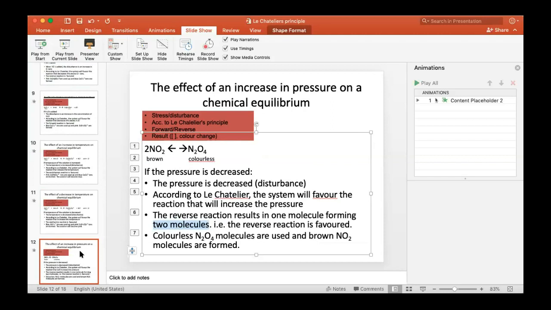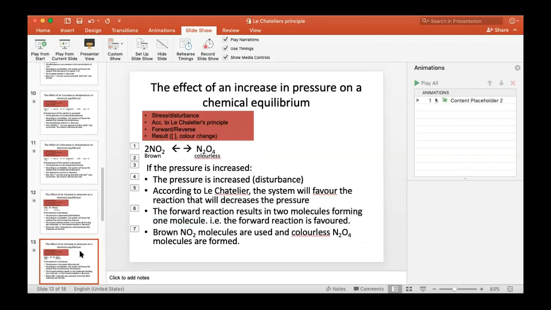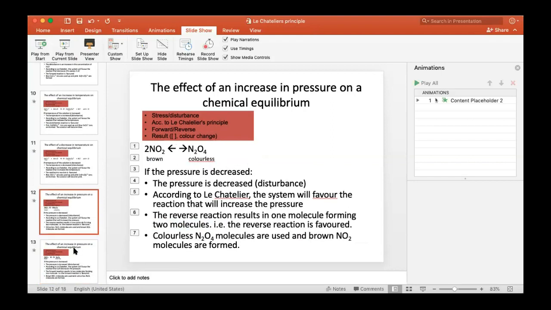And an increase in pressure favors fewer moles. If pressure is decreased, sorry, this must be decreased, no? An effect of a decrease in pressure.